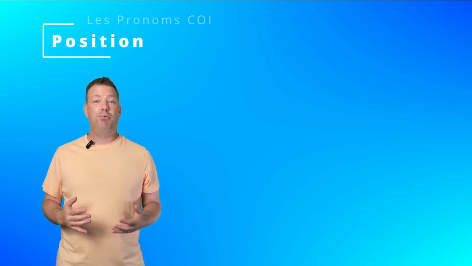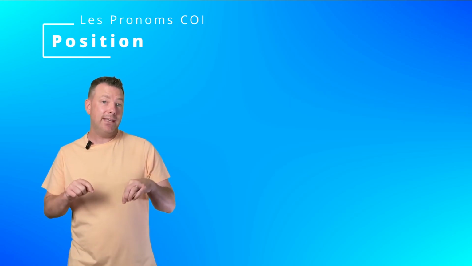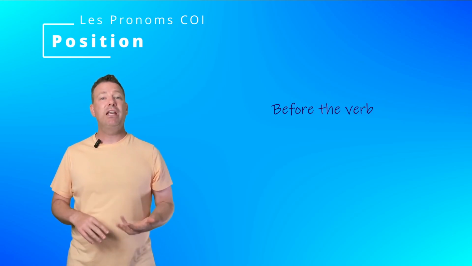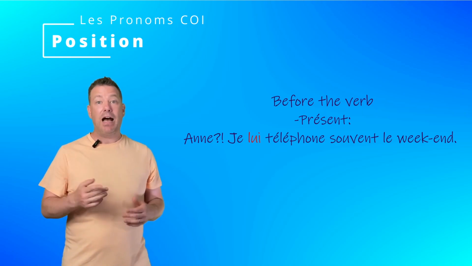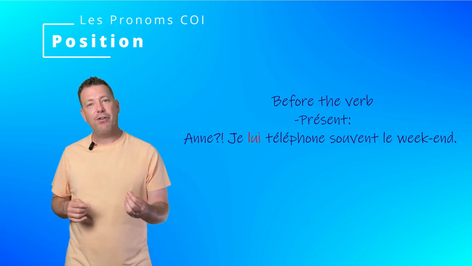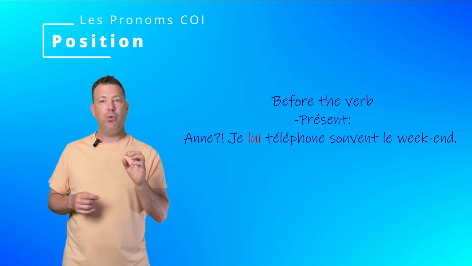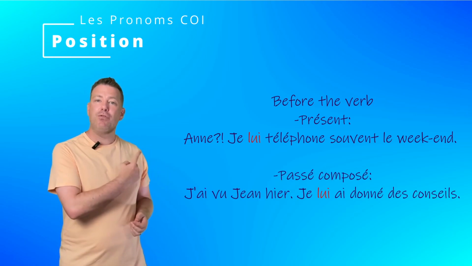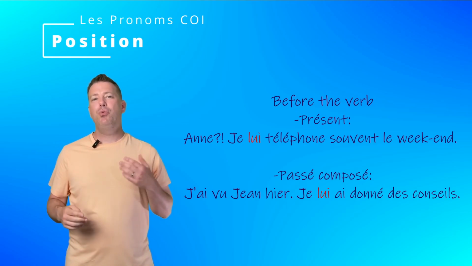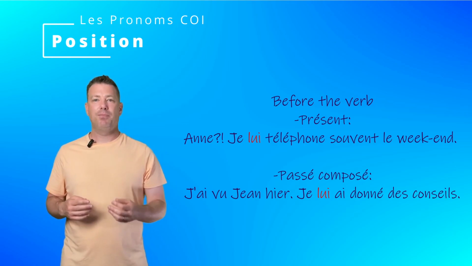Like COD pronouns, COI pronouns usually come before the verb. In the present tense, je lui téléphone souvent le week-end. Lui, verb. Passé composé, j'ai vu Jean hier, je lui ai donné des conseils.